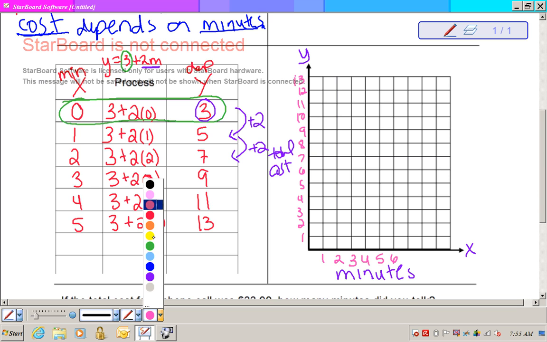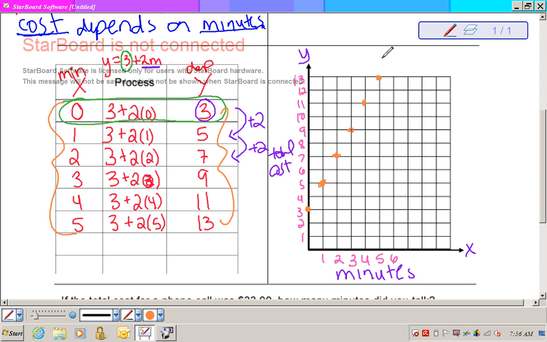This is our x, and this is our y. So x, y: when x is 0, the y is 3. 1, 5. 2, 7. 3, 9. 4, 11, and 5, 13.